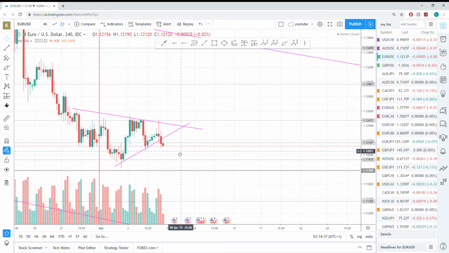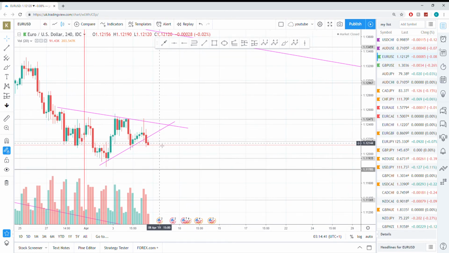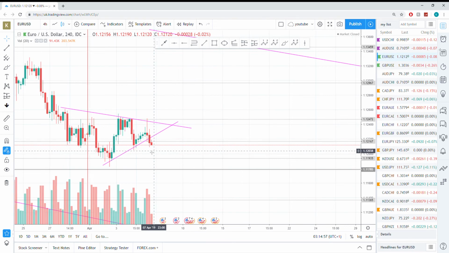So we're currently past this level on the 1.121, and we're now looking to aim for 1.119 because we've suppressed our little pattern that's formed.